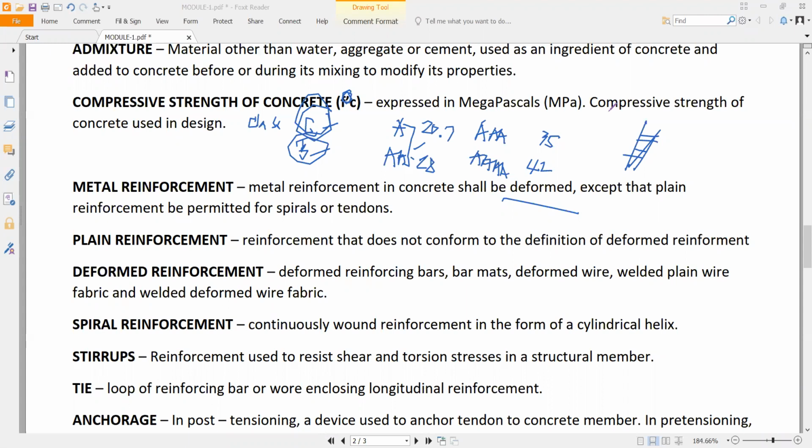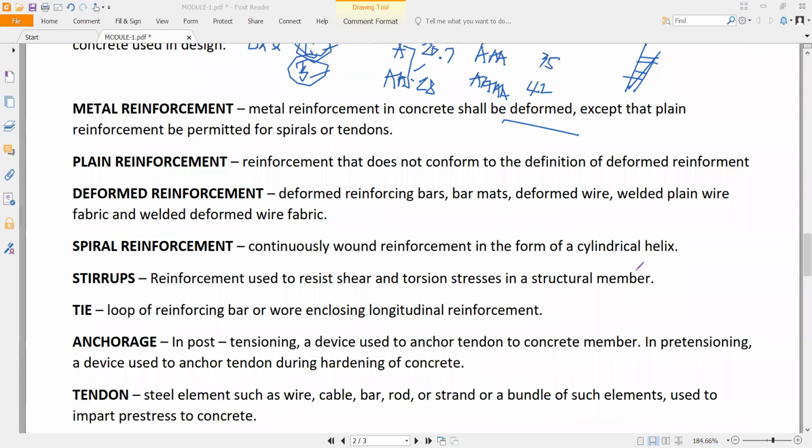Okay? So, yun. The next is the plain reinforcement. So, basta wala siyang deform, ginagamit natin ito usually for architectural features, mga grills, mga gano'n. So, deformed reinforcing bars, bar mats. So, na-explain ko na rin siya. Okay? So, spiral, meron tayong column na spiral.